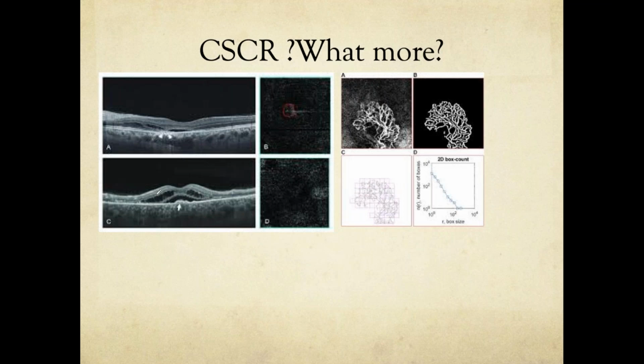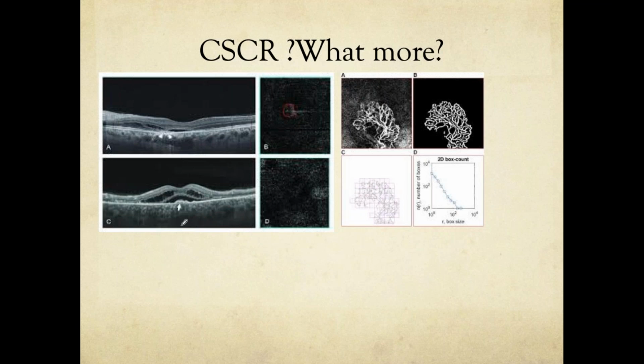In a case of a CSCR, this is a CSCR, but there is something coming out from the choroid as well, and there is splitting of the plexiform layers. So overall, I can already say that this eye, if I would have to score from 5, would be somewhere around 3 to 2.